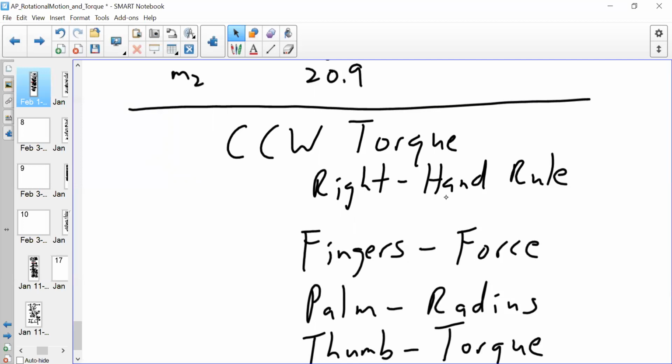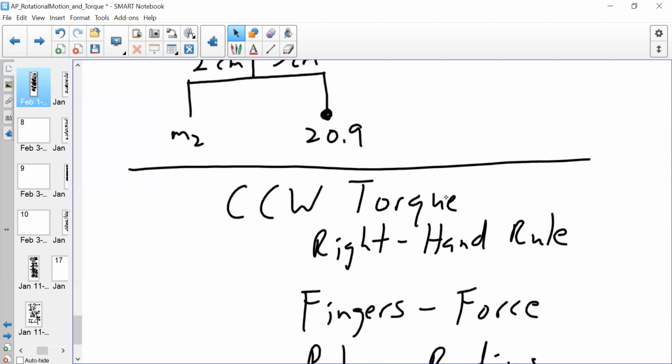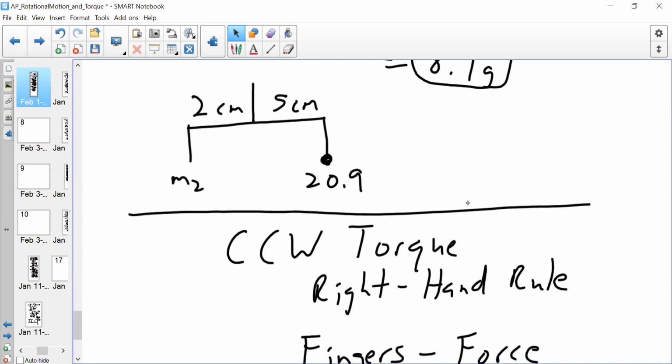Now you might say to yourself, what about this palm with the radius? How do I know where the radius is going to be pointing? Well, in this particular case, what we always want to do is configure the right-hand rule with respect to the axis of rotation, obviously.